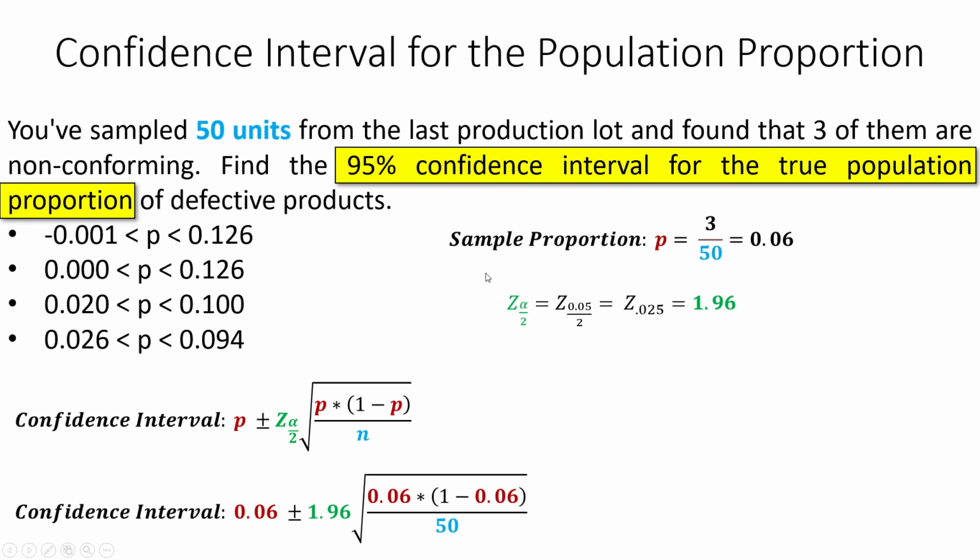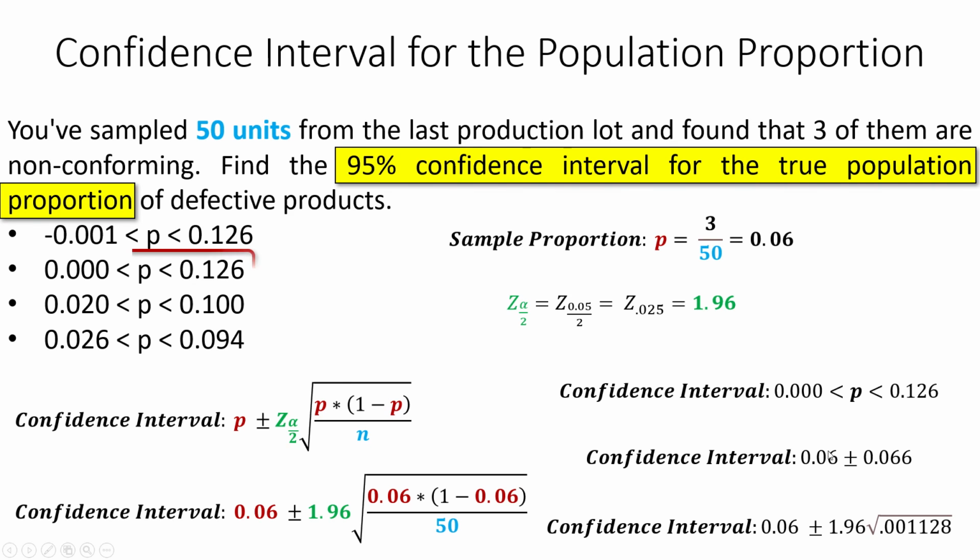So now what we can do, now that we have the sample proportion and the z-score, we can essentially work the math and fill out this particular equation, which gives us a confidence interval of 0.06 plus or minus all of these numbers. We can continue to work this math. And what we find, by the way, I want to point out something really interesting.